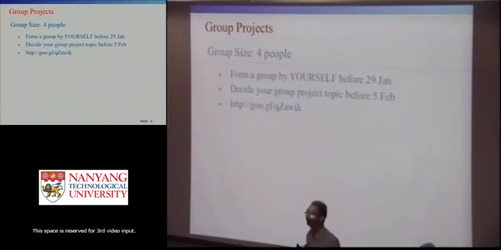Do you need more time? Okay, plus 1 more week. Then I will change it to plus 1 more week. Decide your group project before this, and after you form your group and decide your group project, then put it. You need to key in this by yourself. This is in key information lecture 0, so you just key this in.